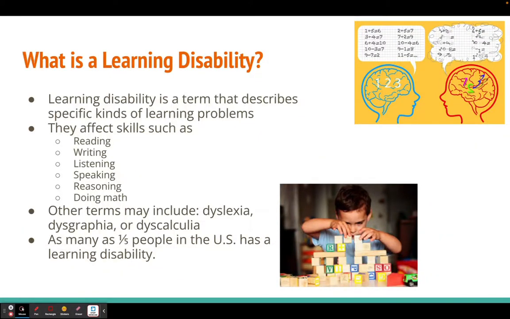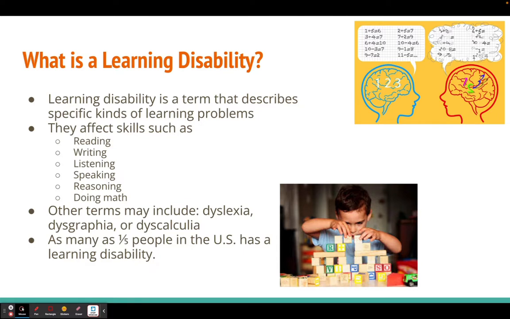IDEA names a learning disability as a term to describe specific kinds of learning problems, right? So it can be a lot of different things. But generally, learning disabilities affect children and individuals' skills in reading, writing, listening, speaking, reasoning, and math.